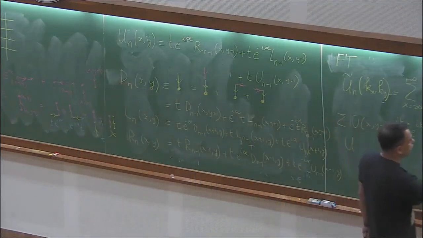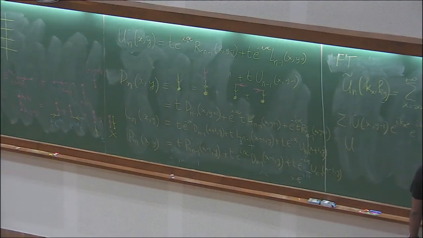So un tilde, dn tilde, ln tilde is equal to something times, so I'll write down this matrix here. What is my matrix?